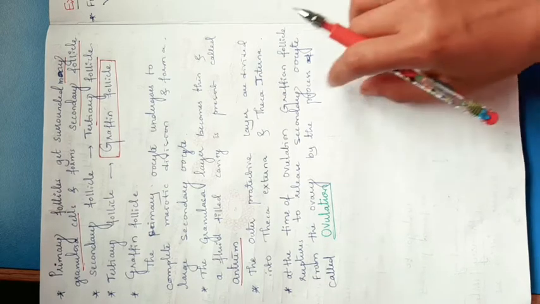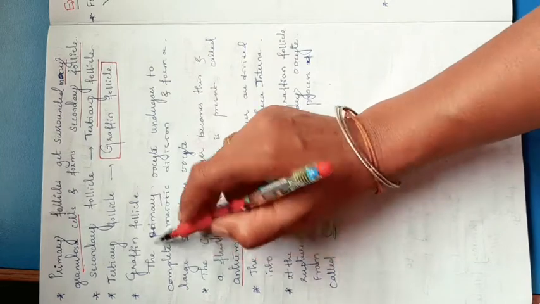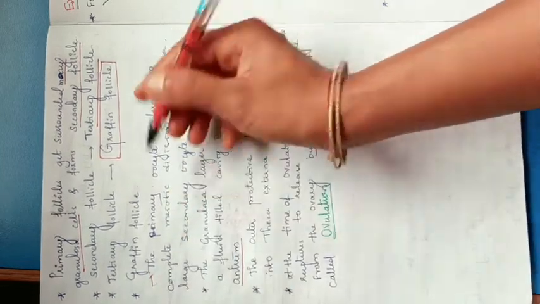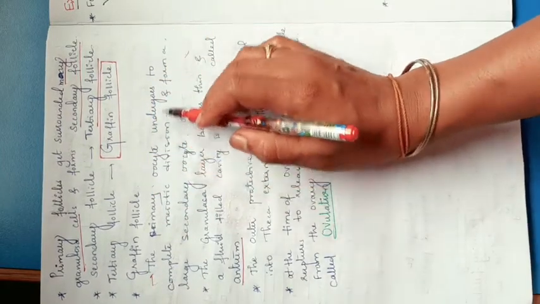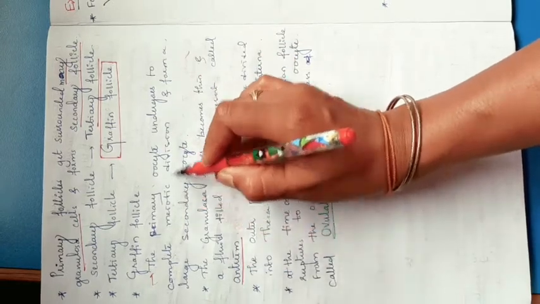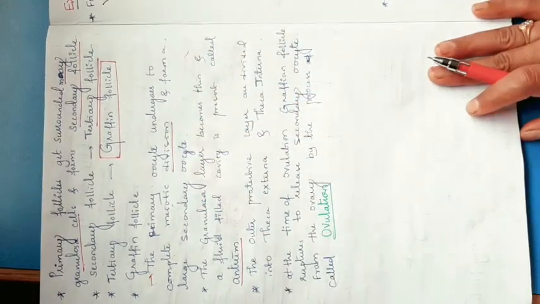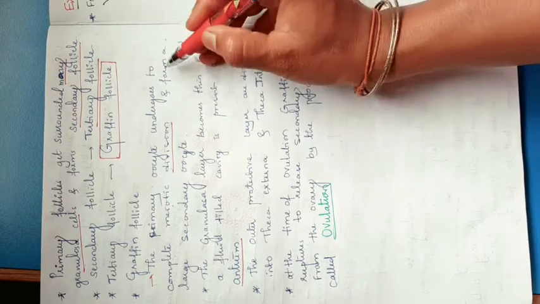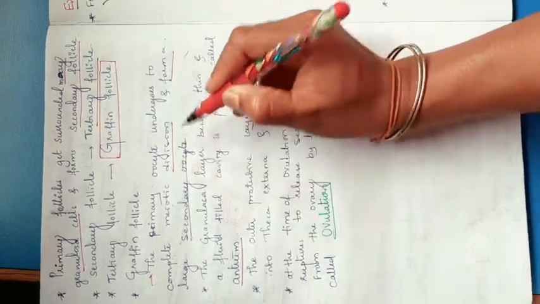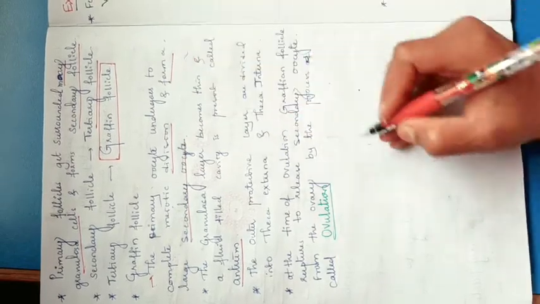Next, in the Graafian follicle, the primary oocyte undergoes the first meiotic division. After the complete first meiotic division, the secondary oocyte is formed. You already know meiotic division.